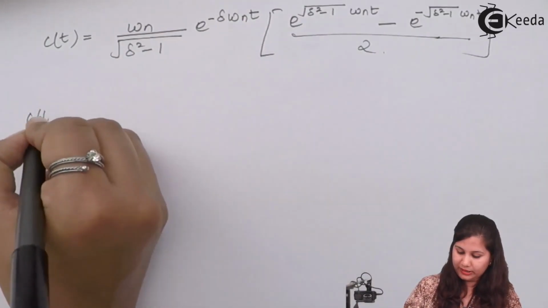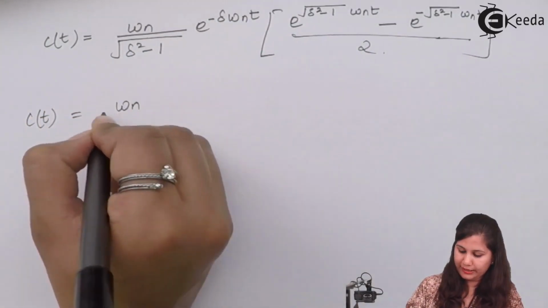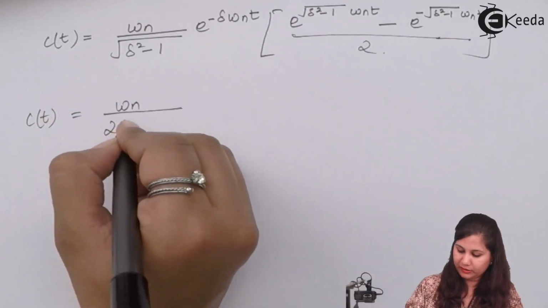So we get ct equals to omega n upon 2 under root of del square minus 1.